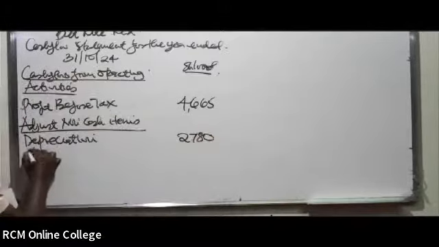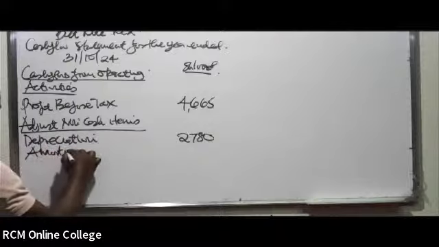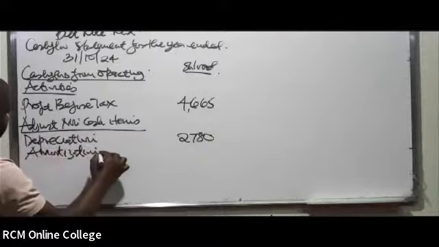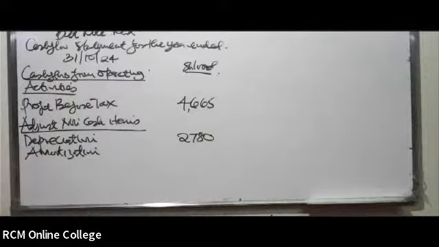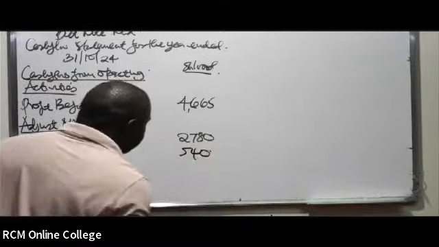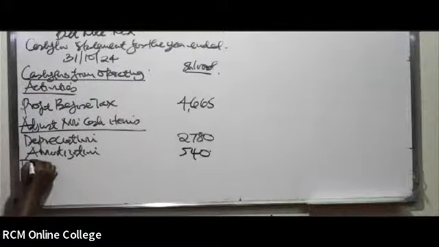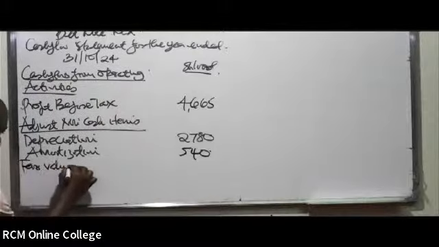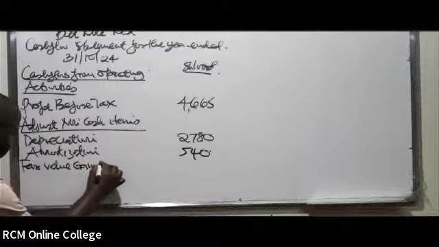We have amortization, which will come from the intangible asset account. The amount of amortization is exactly 540. Then we have fair value gain on investments.